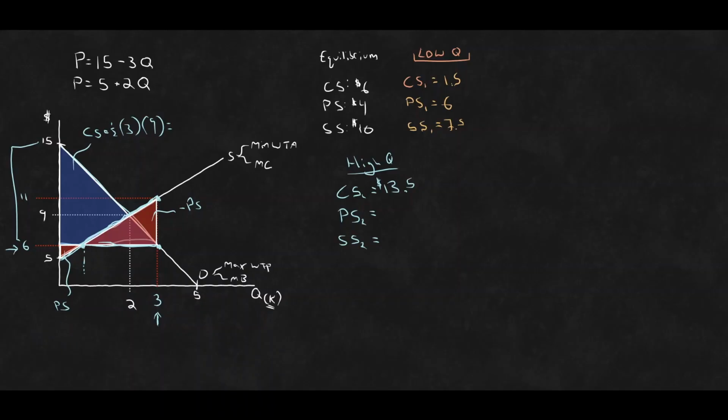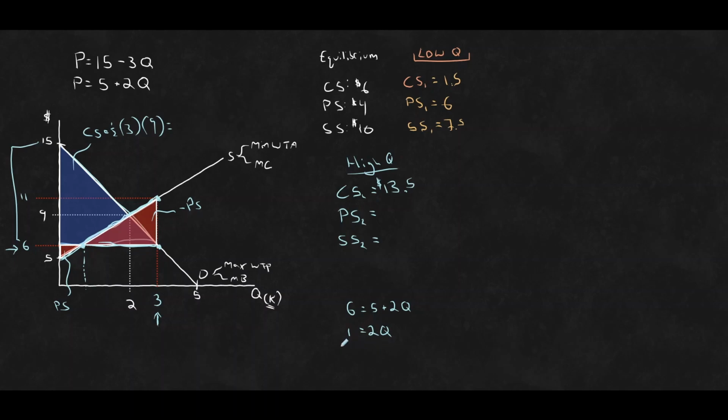We would need to know what that value is, and we can find that quite easily by going, okay, at a price of 6, into our supply equation, what is the corresponding quantity? So at 6, that is equal to 5 plus 2q. Let's isolate that q, so minus 5 from each side: 1 equals 2q.